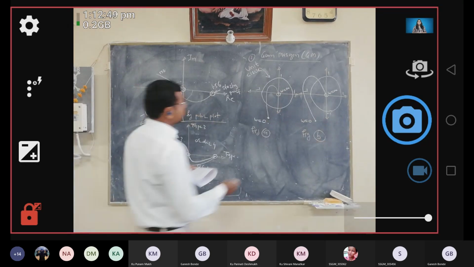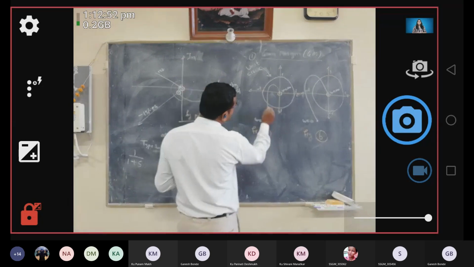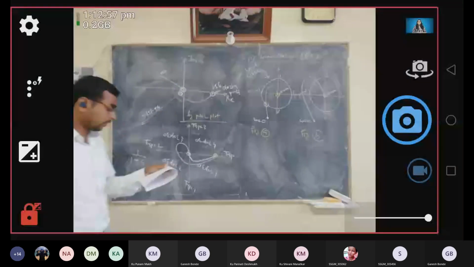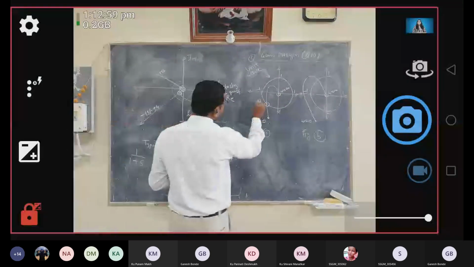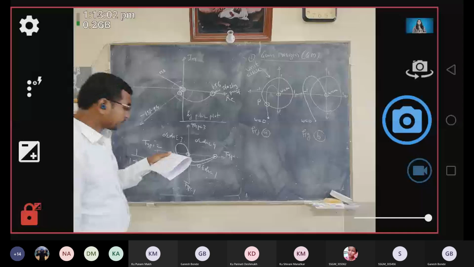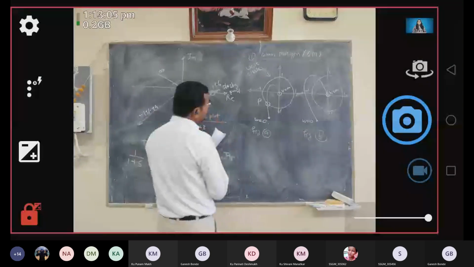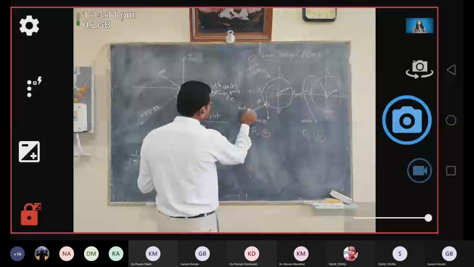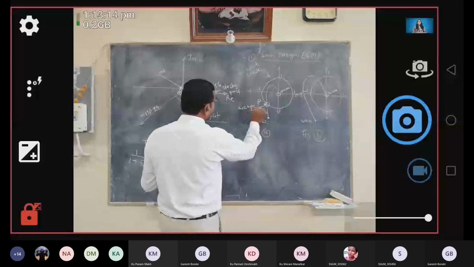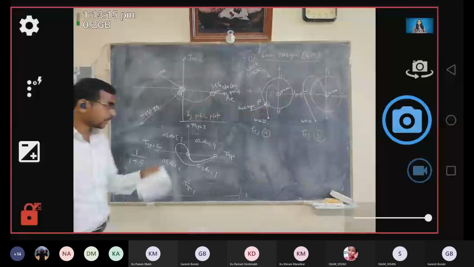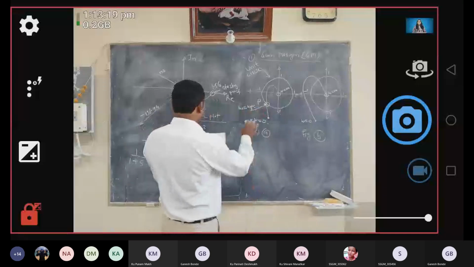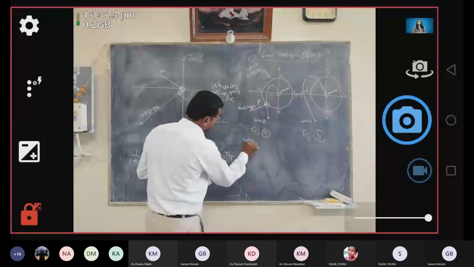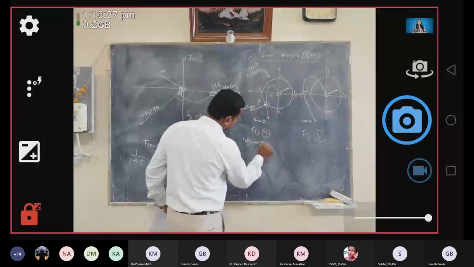In figure A, this polar plot intersects the unit circle at this point. Let me consider this point as P. The value of omega corresponding to this point is called omega GC, which is nothing but the gain crossover frequency.